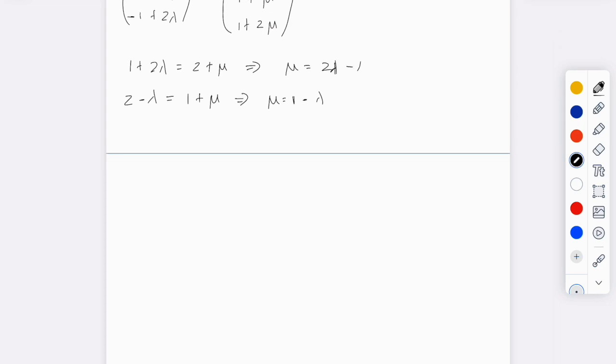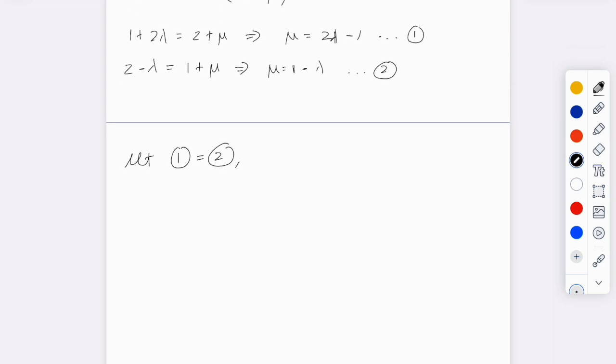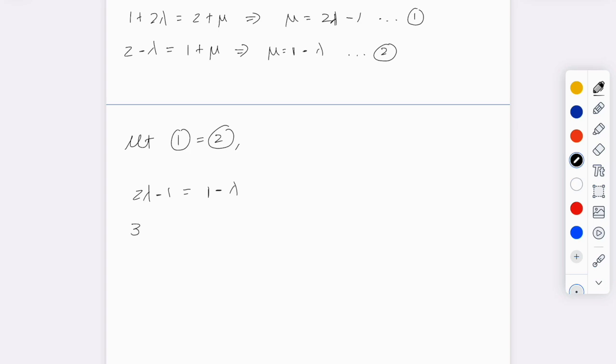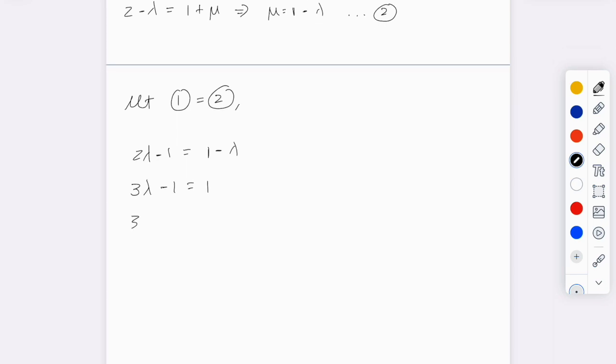Okay, and now I can set them equal. 2 lambda minus 1 is equal to 1 minus lambda. 3 lambda minus 1 equals 1. 3 lambda equals 2. Lambda is equal to 2 over 3.